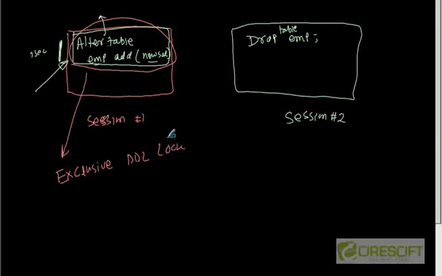The exclusive DDL lock will be acquired by this transaction on table EMP, and this lock is going to be there until the execution is over.